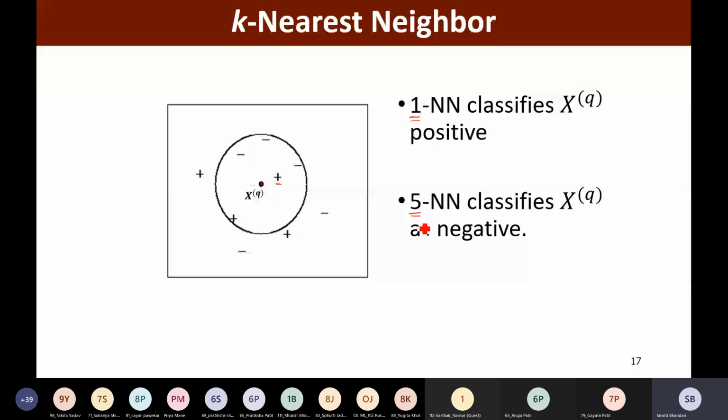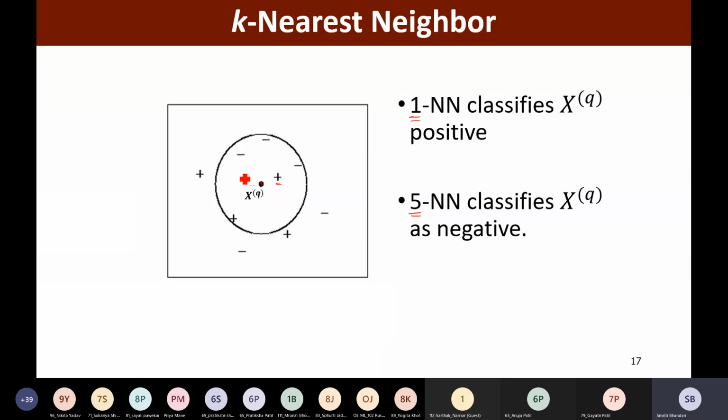But if it is 5 NN, what will happen? Then the 5 nearest samples will be identified. So for this XQ, we have 1, 2, 3, 4 and 5. These 5 samples are closest, right?